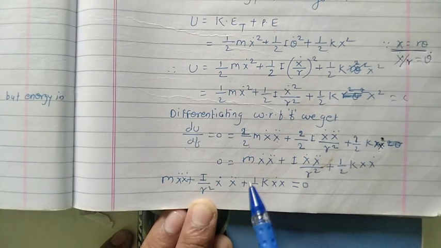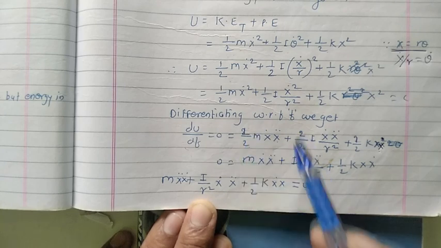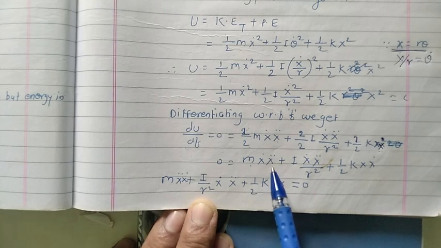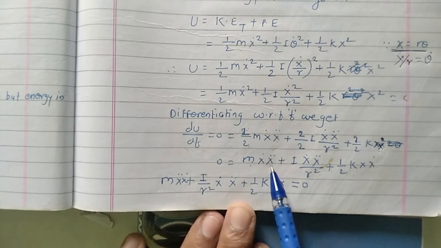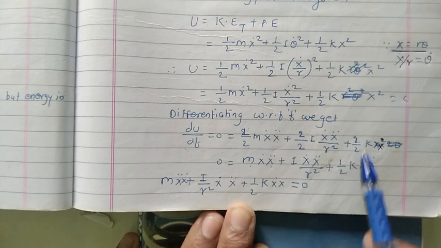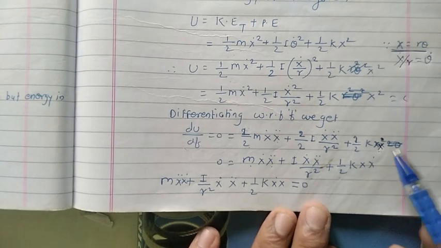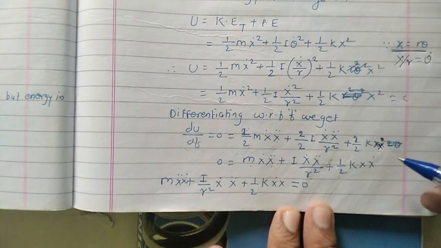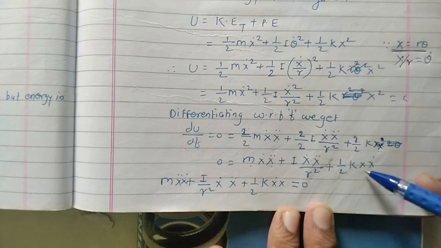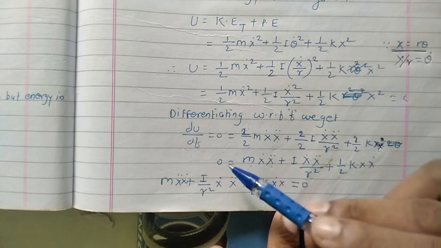Now in the next step, simplify this. The 2 gets cancelled here, the 2 gets cancelled. So what we get here is m times x single dot into x double dot plus I, the 2 gets cancelled, so I into x single dot into x double dot divided by r square, plus k into x, this term with us, k into x single dot, and this should equal 0.